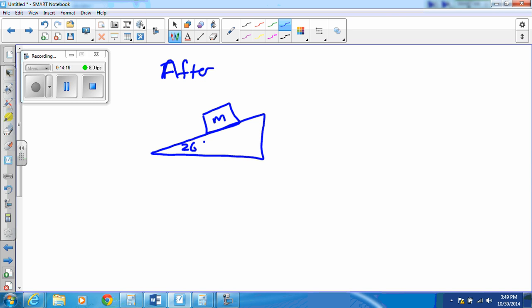And we're going to have the car again, the mass of M. And now we know that the car is banked at a 26.6 degree angle, like so. And this time we're going to have the car moving with a speed of 95 kilometers per hour, which we found earlier was equal to 26.4 meters per second.